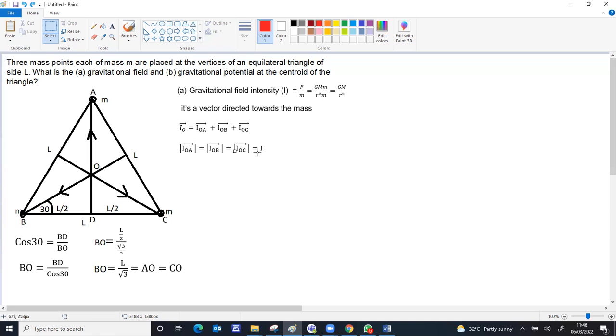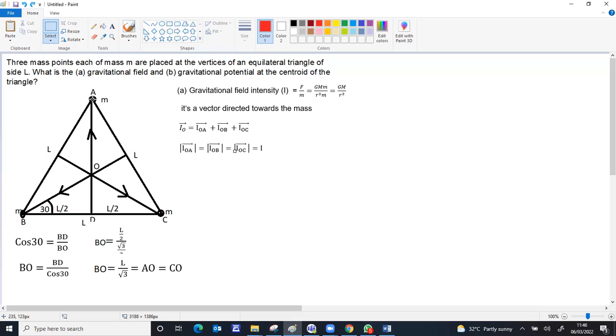We just write a symbol I for the magnitude of I OA, I OB, I OC. You don't need to calculate because all values are the same. Only the directions are different.